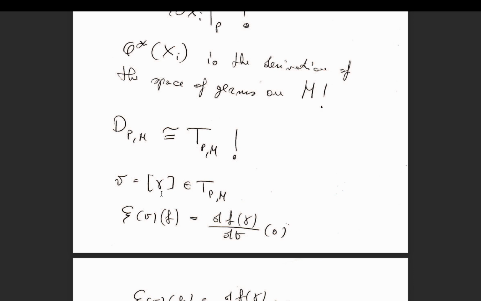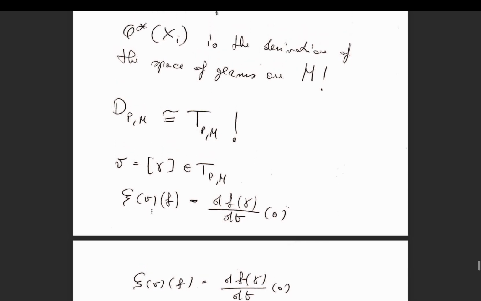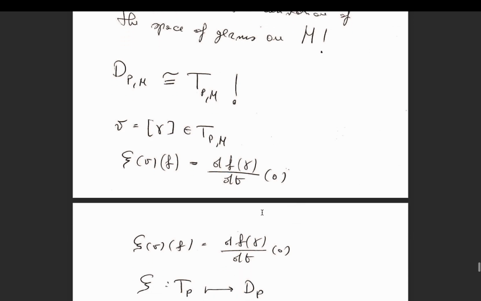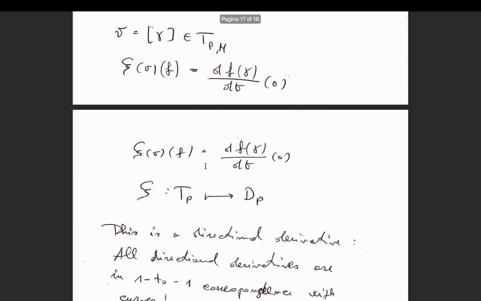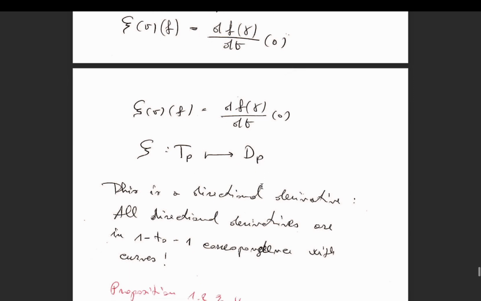Then we can build a derivation as follows. Zeta of v applied to f is equal to the derivative with respect to t of f composed with gamma, computed at t equals 0. It's easy to see that this is a derivation, and the map zeta from T_P M into the space of derivations D_P M is a bijection. This can be proved to be a bijection if defined in this sense.